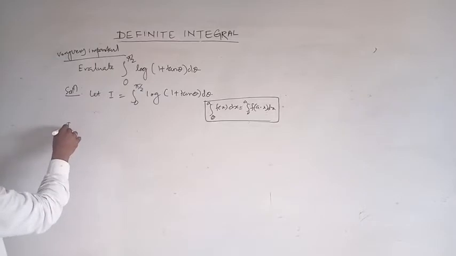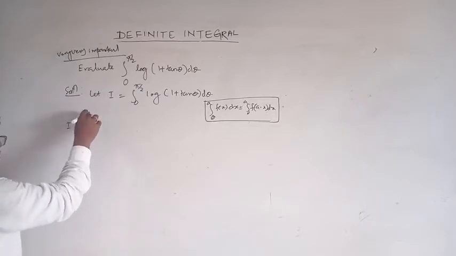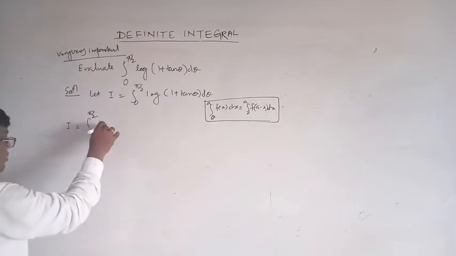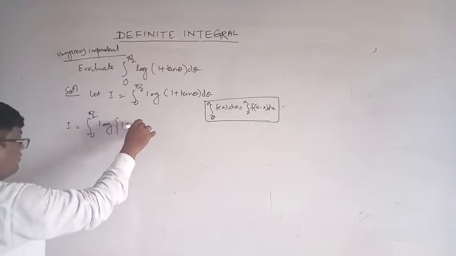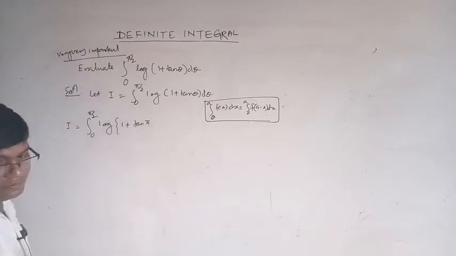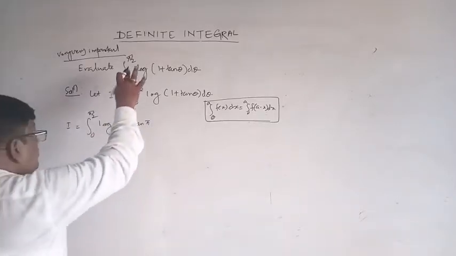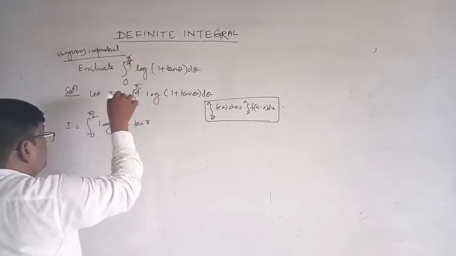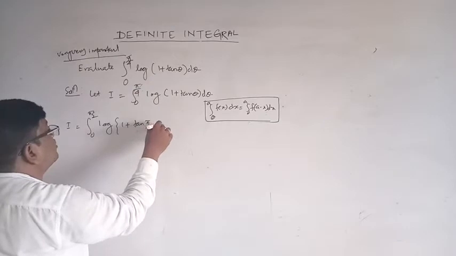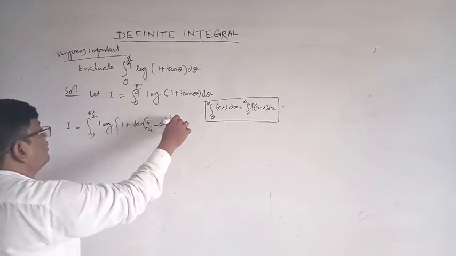So I is equal to the integral from 0 to pi by 4, not pi by 2, the limit is pi by 4 here, of log of 1 plus tan of pi by 4 minus theta d theta.